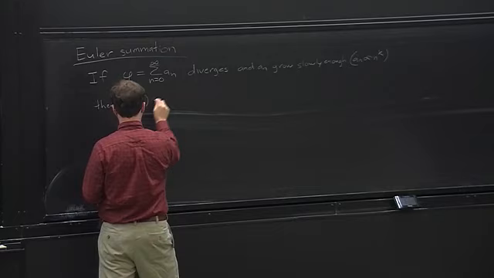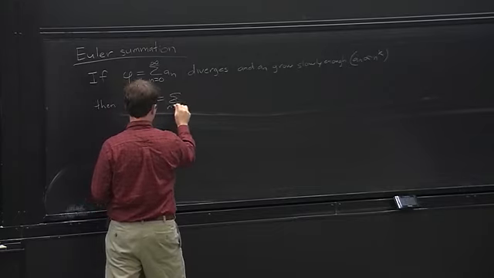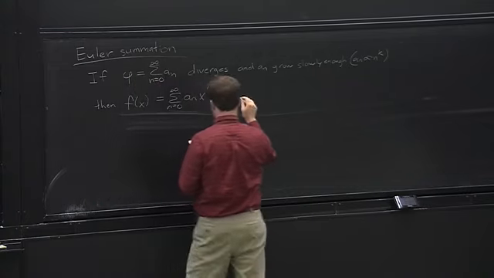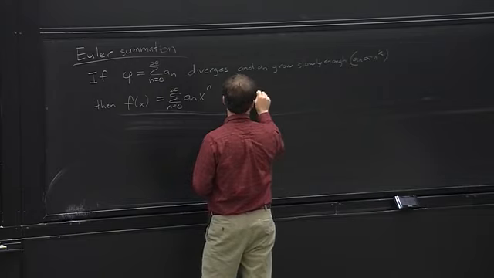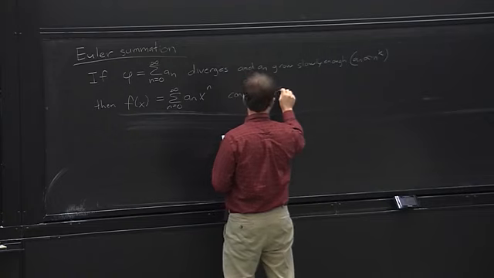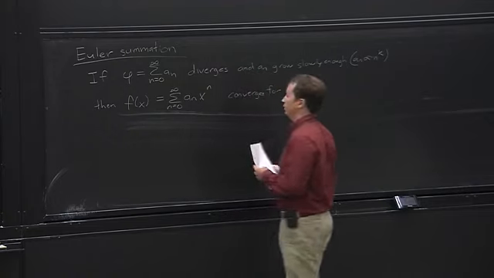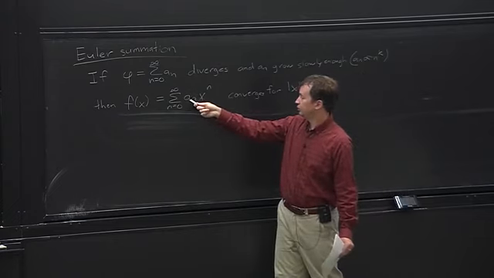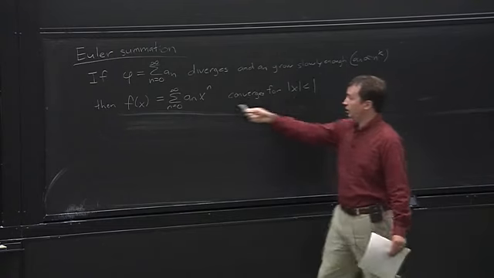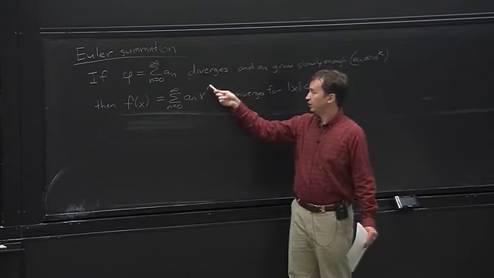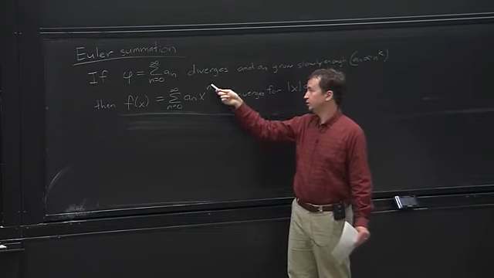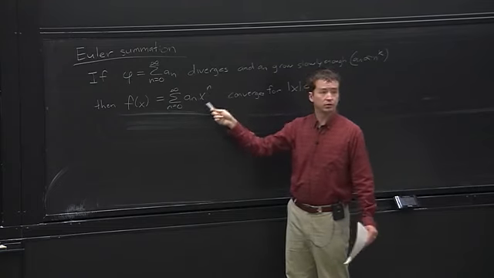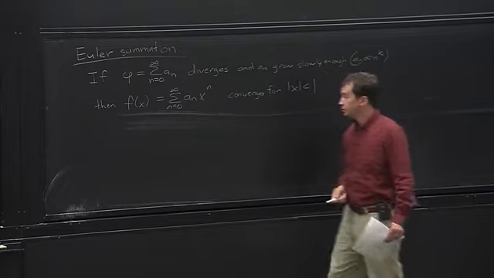f of x, the sum of a_n x to the n, converges for x less than 1. So if these grow at most like n to the k, then x to the n for n large enough will eventually go to 0 faster than these go to infinity. So this sum will then converge.